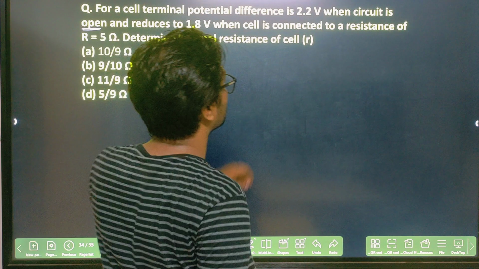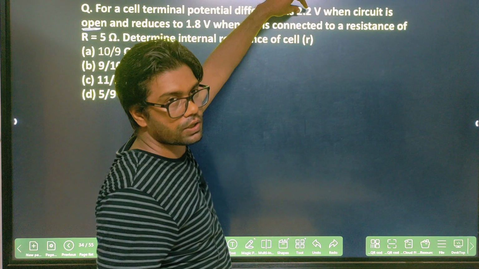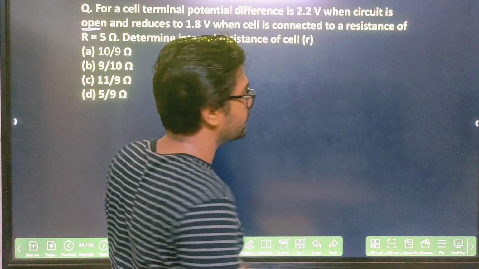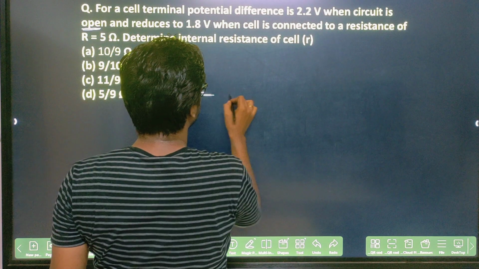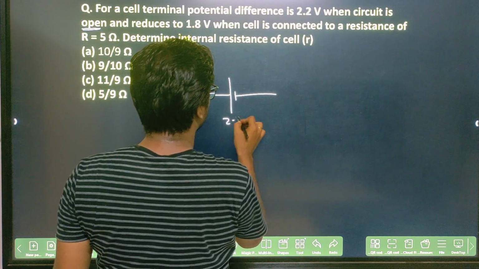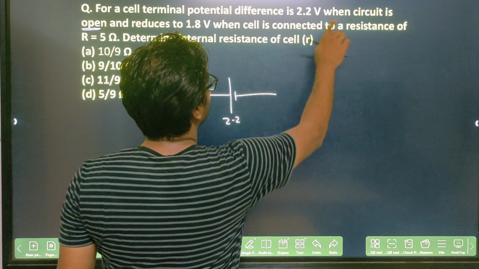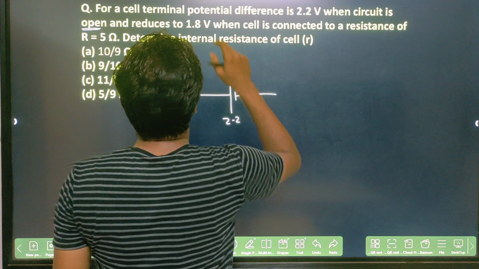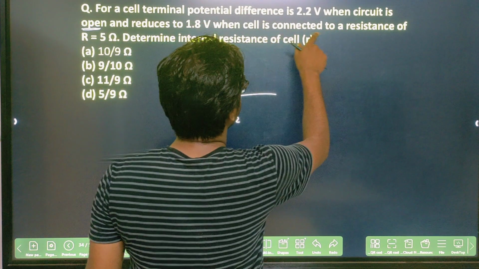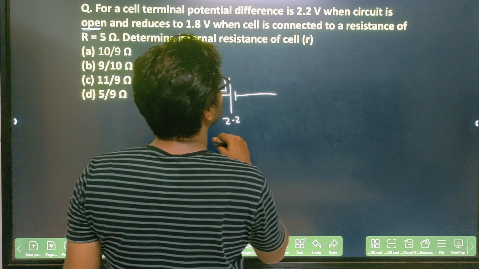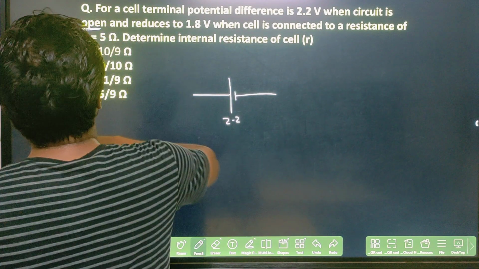Open circuit means the terminal potential difference is the same as the EMF. So they are telling us that the EMF of the cell is basically 2.2 volt.